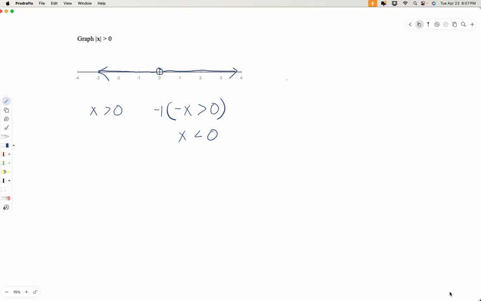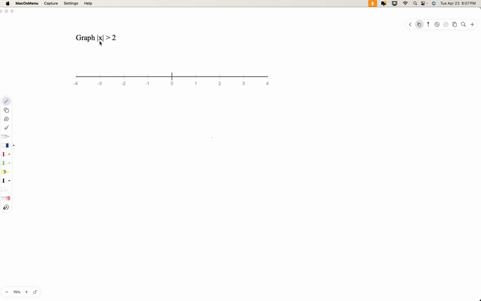Okay? Next one. All right, absolute value of x is greater than 2. Same thing. Nothing's negative, so we don't have to change it. And we have x all by itself. So x could be a positive x is greater than 2 or a negative x is greater than 2, which we don't want, so we multiply by negative 1, which gives us a positive x is less than negative 2, because we're asking for the opposite of everything in here.